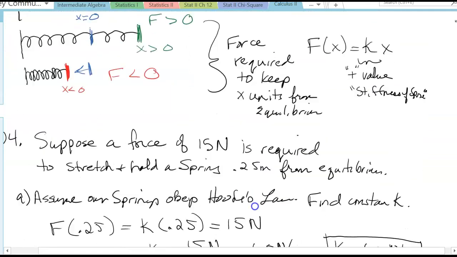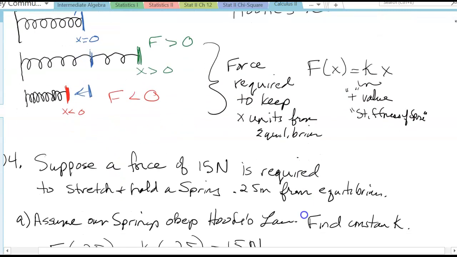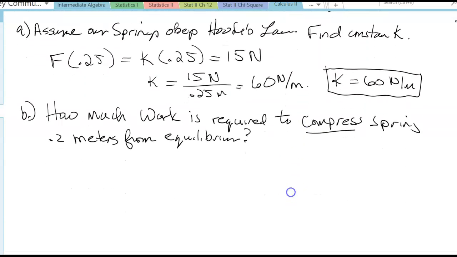All right, so we did state that work, of course, is force times distance, but that force is going to be variable. So we have to sum that force over infinitely many small distances. When you sum something over infinitely many small distances, we have an integral, right? It's the limit as n goes to infinity of the summation up to n.